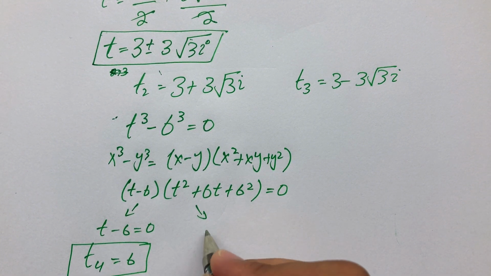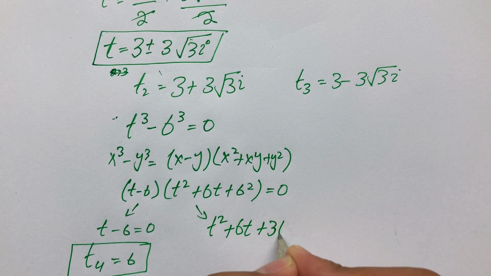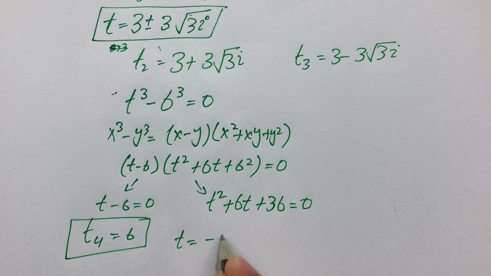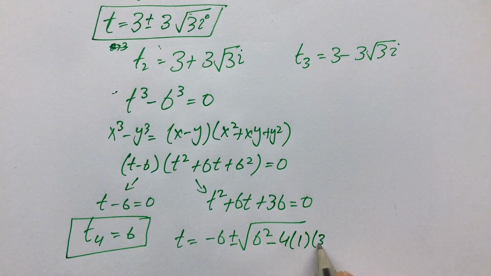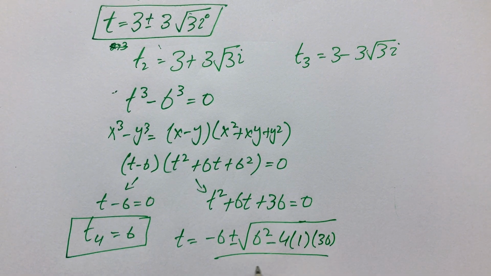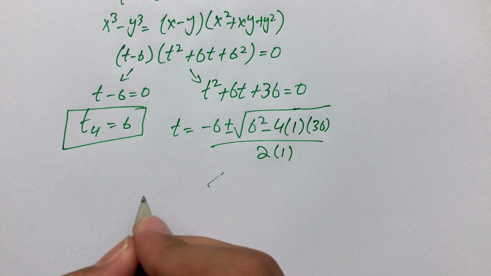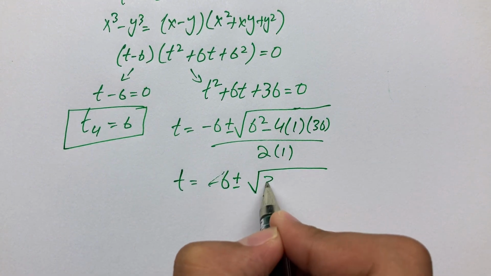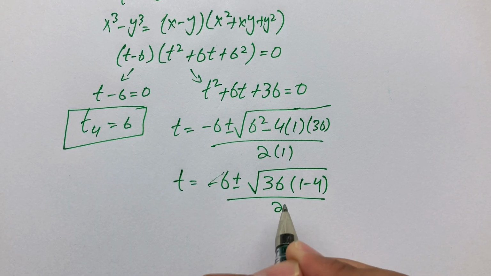And now we solve this side, and this side is t square plus 6t plus 36 is equal to 0. We use the formula again. T is equal to minus 6 plus minus under root 6 square minus 4 into 1 into 36 divided by 2 into 1. Now we get t is equal to minus 6 plus minus under root 36 into 1 minus 4 divided by 2.